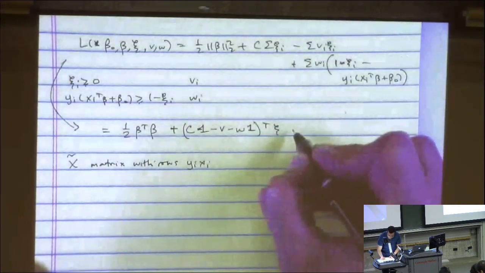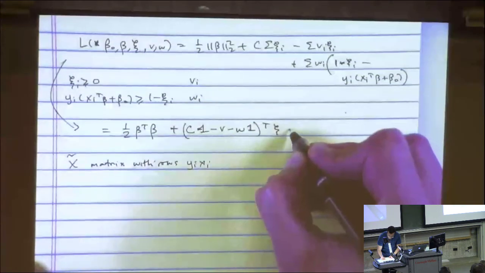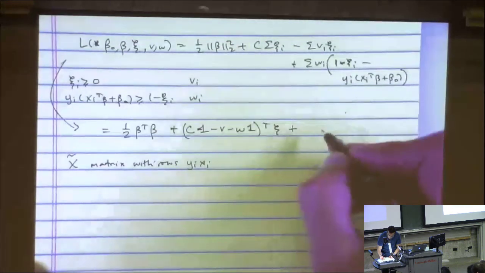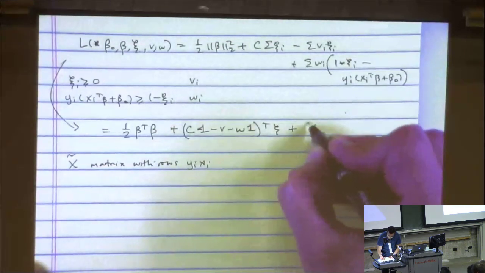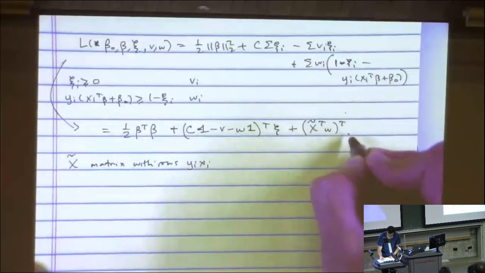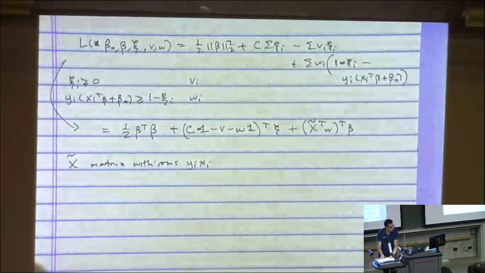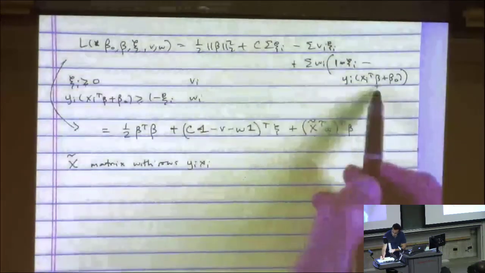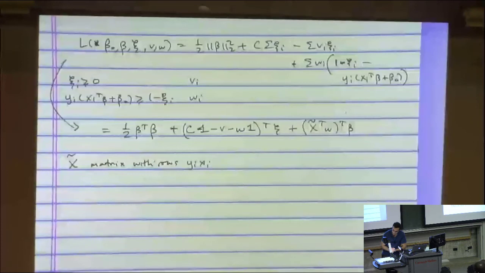And now if I look at just the linear term in beta, I just have x tilde transpose w, quantity transpose beta. That's just combining this term, writing it in this notation.